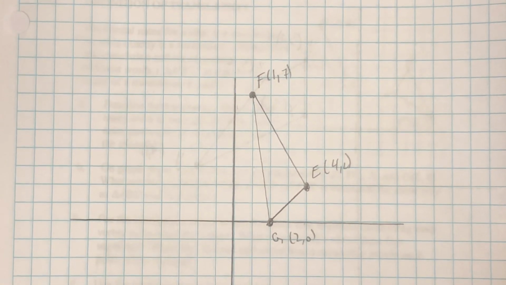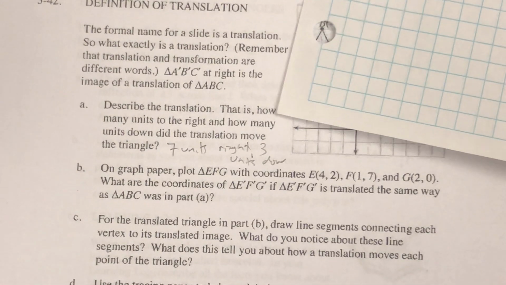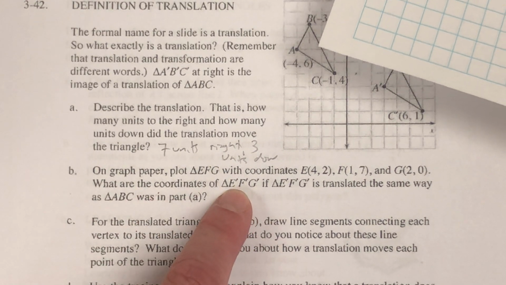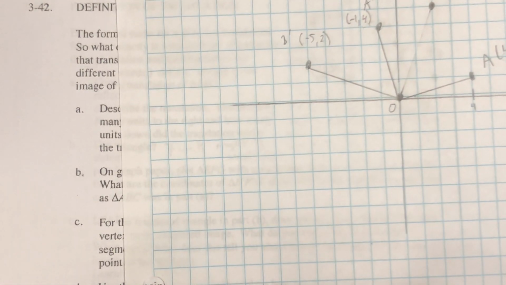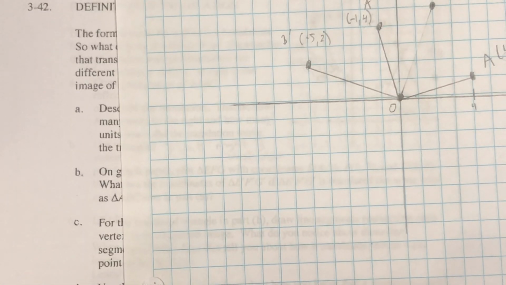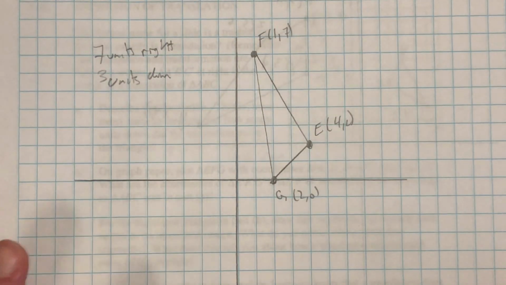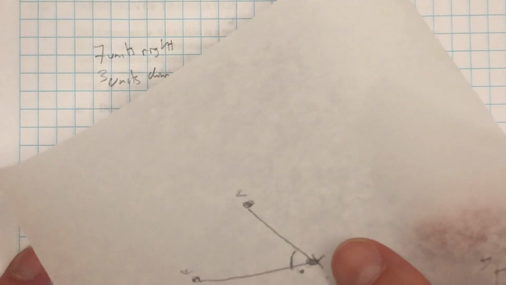We're going to translate it the same exact way and figure out the new coordinates: 7 units right and 3 units down. We actually don't need patty paper for this.